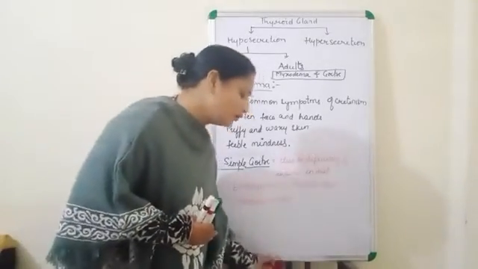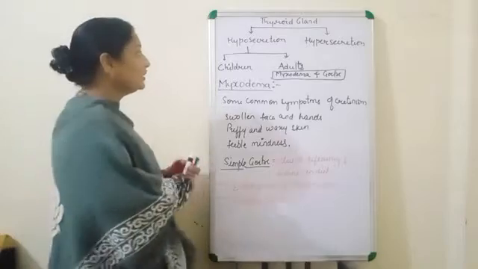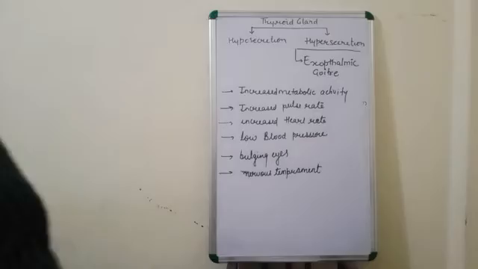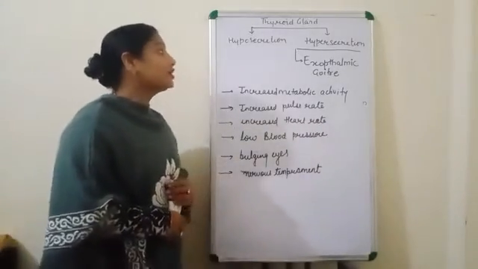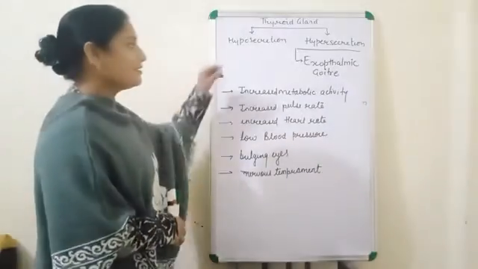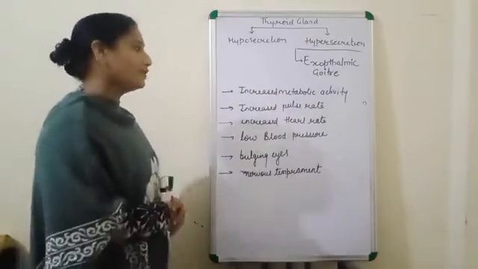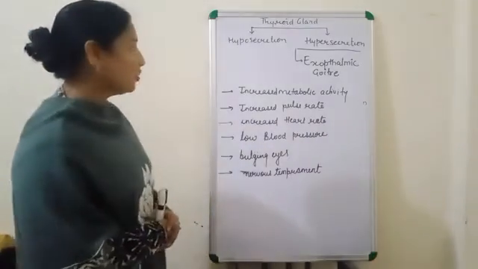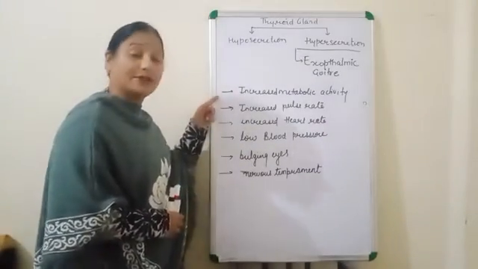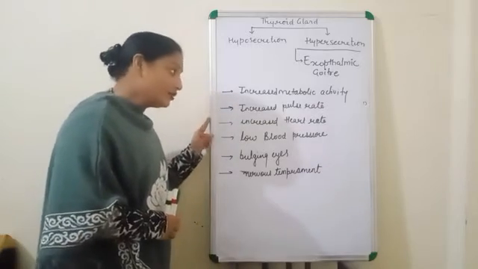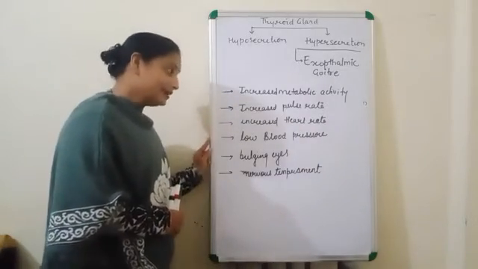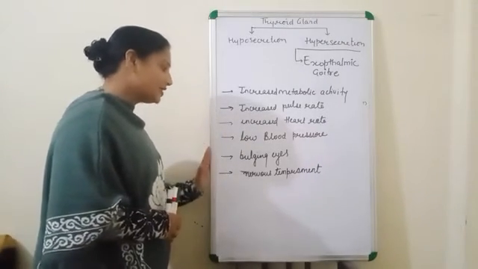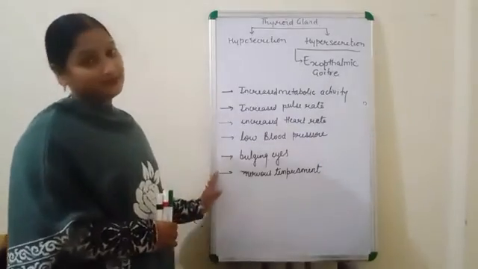Now we will see about the hypersecretion of thyroxine. Hypersecretion of the thyroid gland may cause exophthalmic goiter, and the symptoms of exophthalmic goiter are increased metabolic activity, increased pulse rate, increased heart rate, low blood pressure, bulging eyes, and nervous temperament.